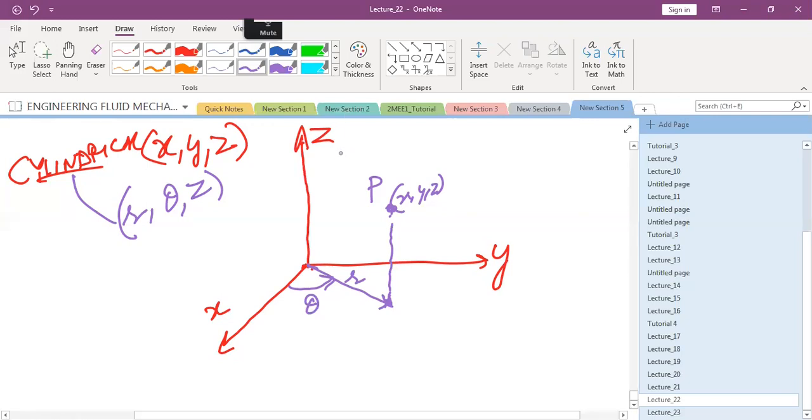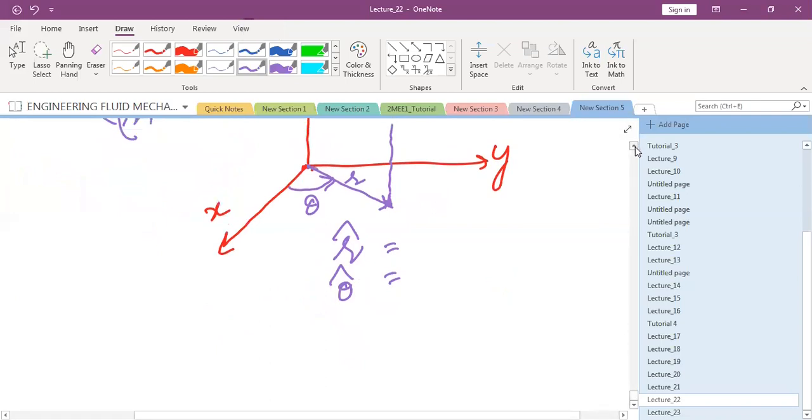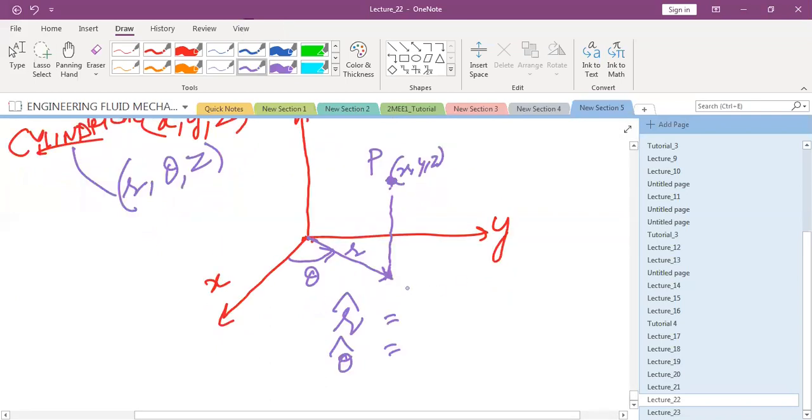So I will have the same thing here, r cap, theta cap. What will r cap be equal to now in terms of i, j, k?